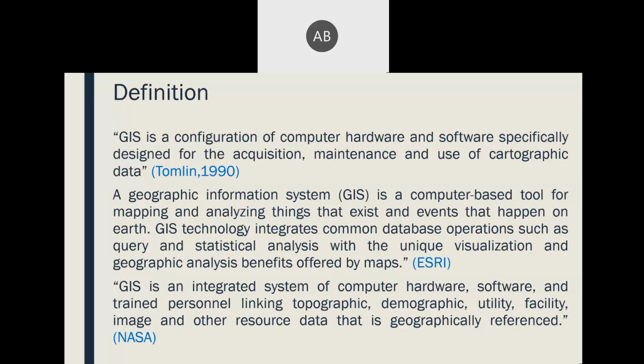So it says a geographic information system is a computer-based tool for mapping. You know, ultimately you'll have to map something. Mapping is the output, and then in the process you are analyzing things that exist and events that can happen on Earth. So that can happen means you model something which has not yet happened. You model, that means something of an event which is going to happen in future.